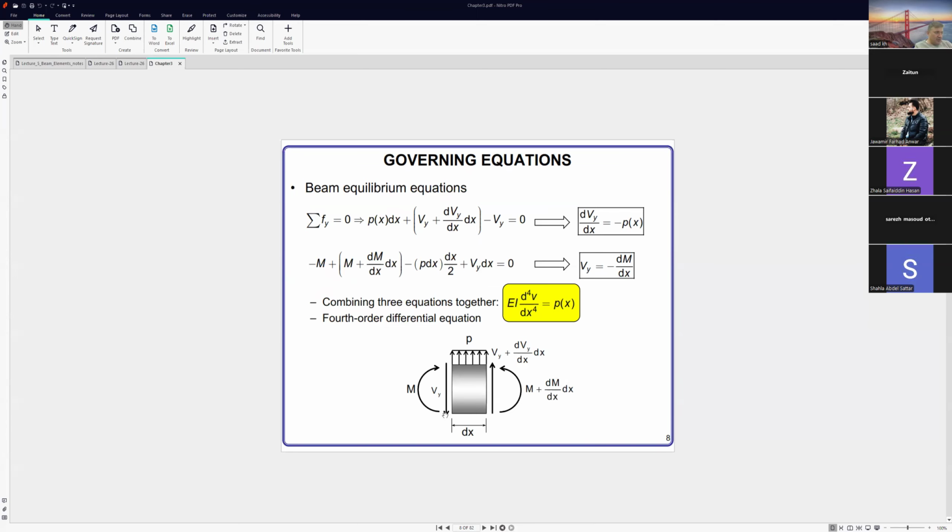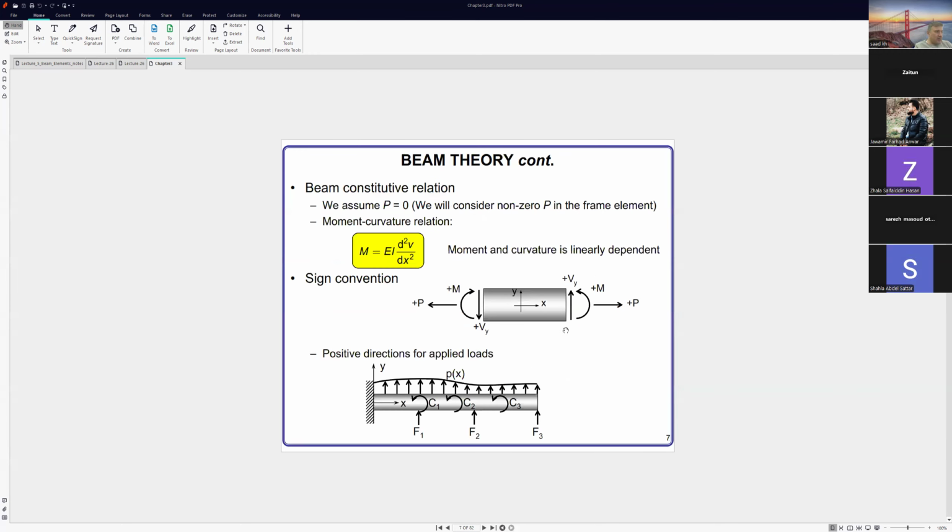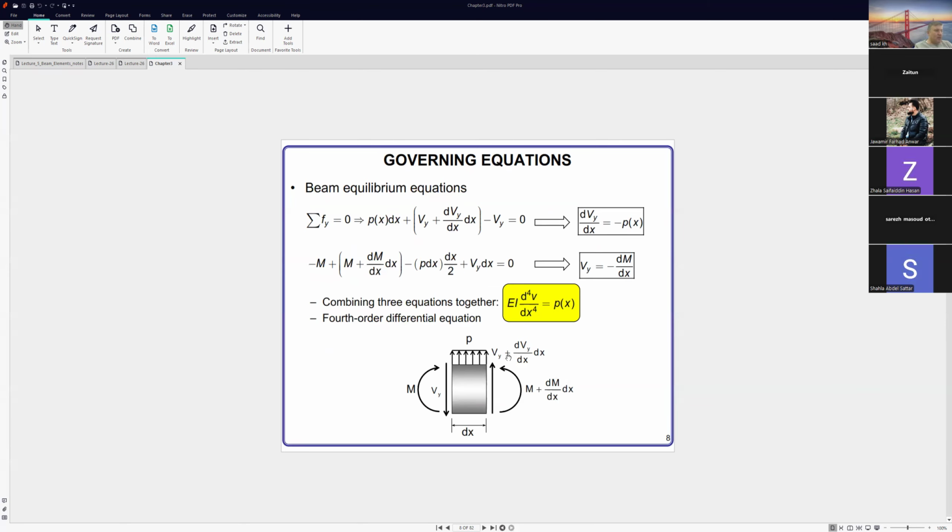Here we have shear upward, this is the positive convention. If we have Vy here, then at dx we will have Vy plus dV over dx times dx. This is important. This is Vy at x, but at dx it will be Vy plus dV over dx times dx.